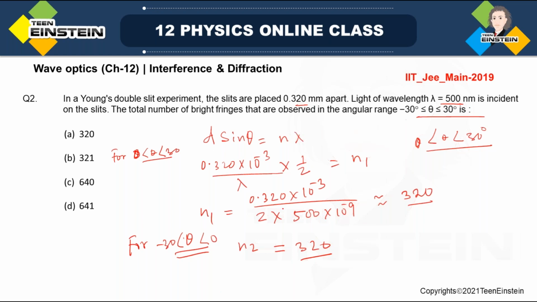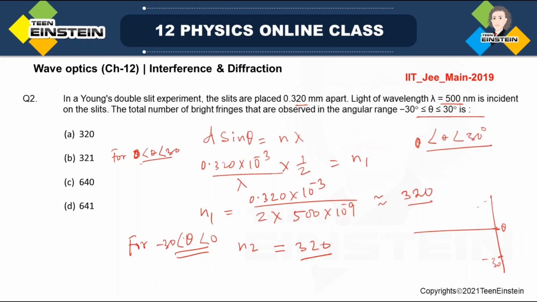Now if I take 0 as the center, here will be 30, so this part, and minus 30 to 0, this part.